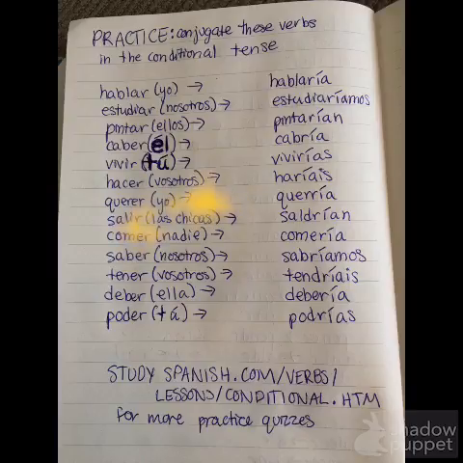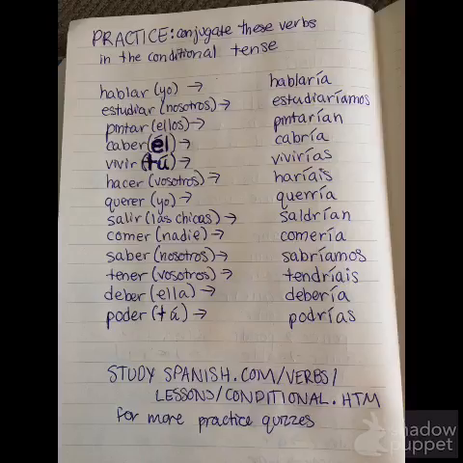Salir, las chicas, so that would be the ellos or ellas form. So don't forget, it has a different stem here, so it's saldrían, and that means they would go, or the girls would go. Comer, nadie, this is supposed to be kind of a trick. Nadie would be just like él or ella, so you would use that form, so comería. And you just add the normal infinitive with comer there.